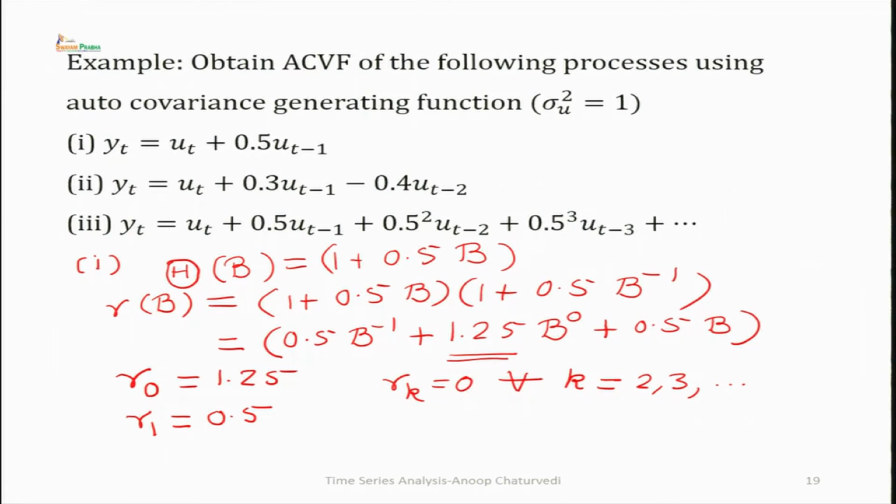Next, we consider the second example. For the second example, theta b is equal to 1 plus 0.3 b minus 0.4 b square.